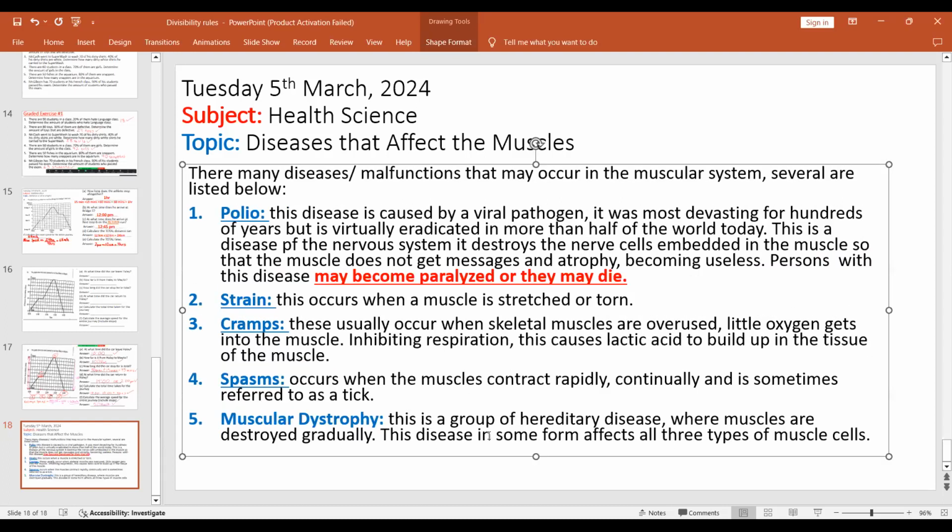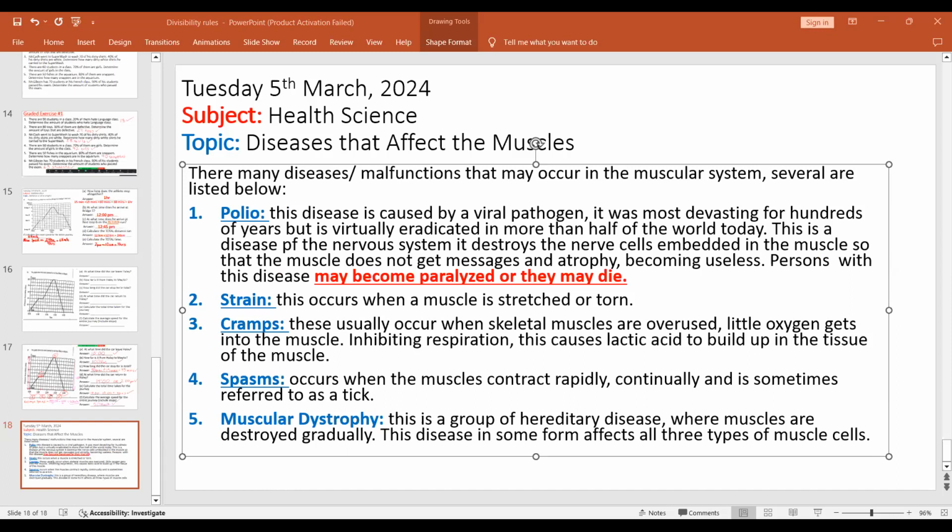So it's a type of hereditary disease in which the muscles are gradually destroyed, and that's not good, because if your muscles are gradually destroyed, that means that you end up in a wheelchair, right? And that's not good, right?